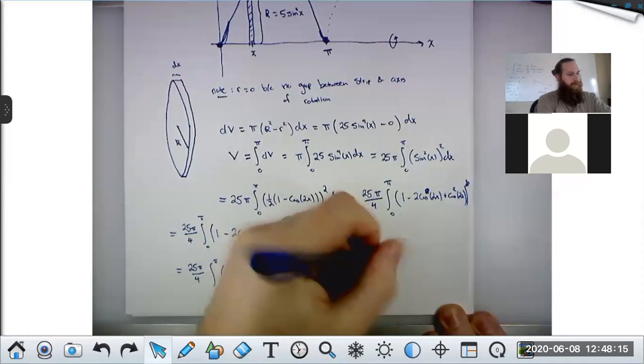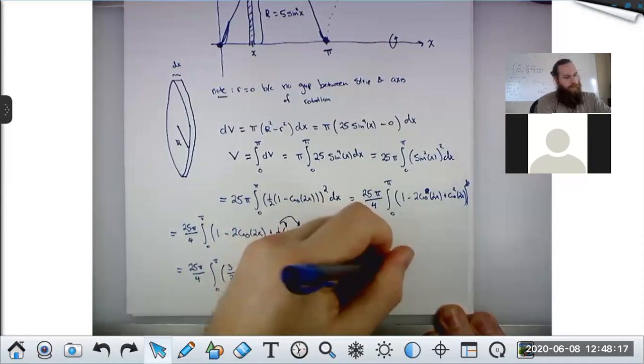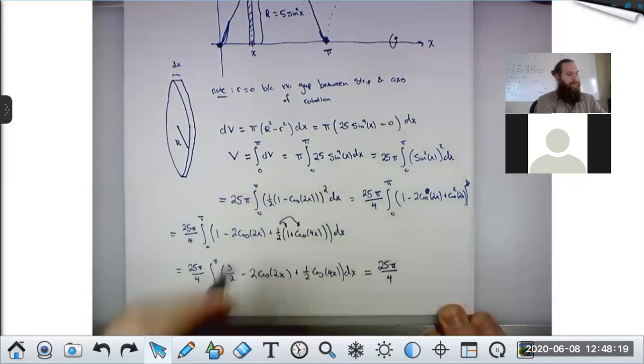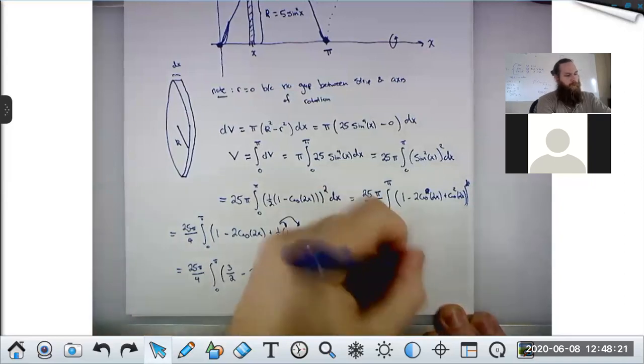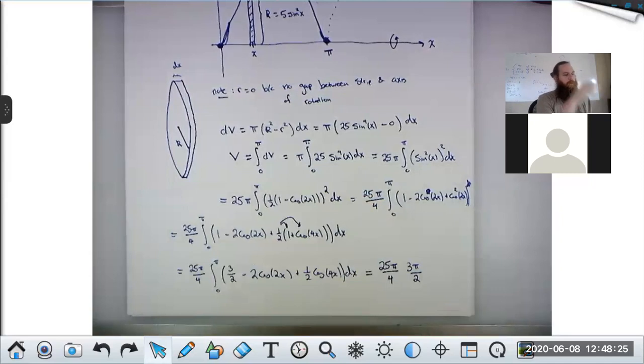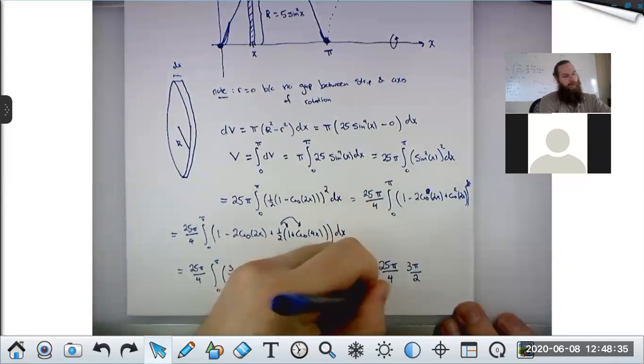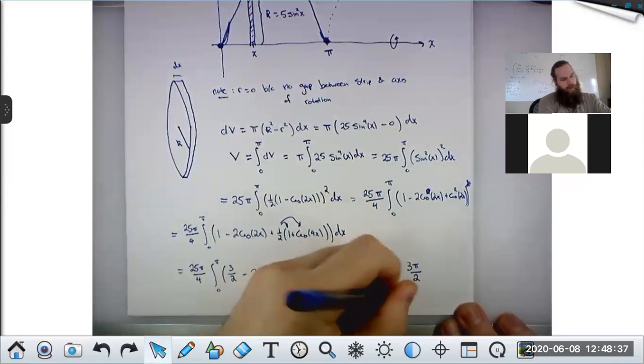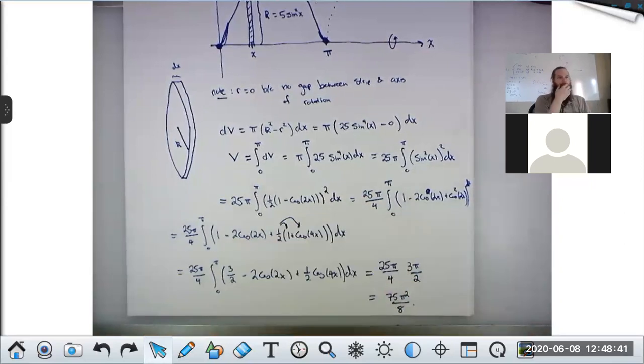This is 25 pi over 4 times 3 pi over 2. The other terms contribute nothing. So if you want to, you can clean this up and write it as 75 pi squared over 8. But that's the game.